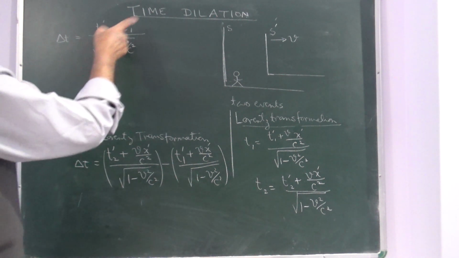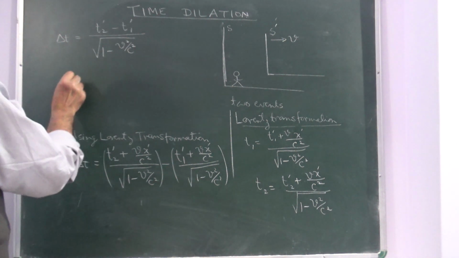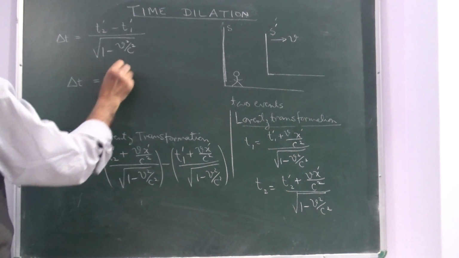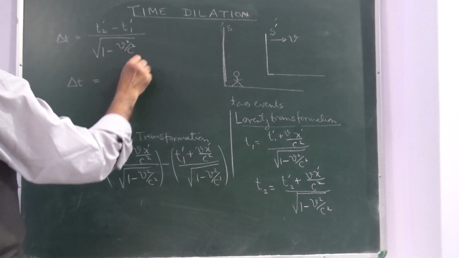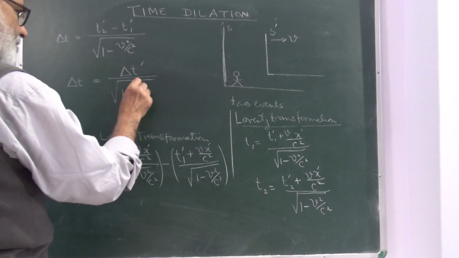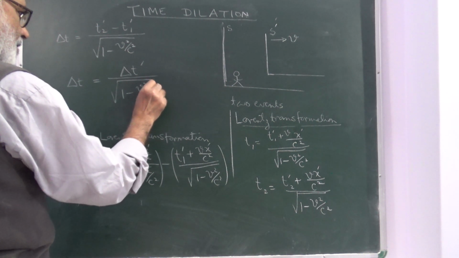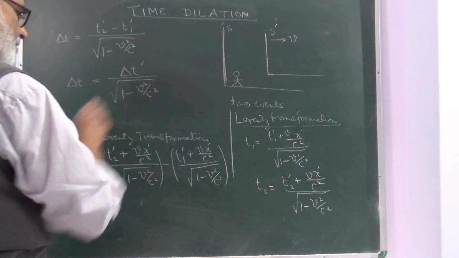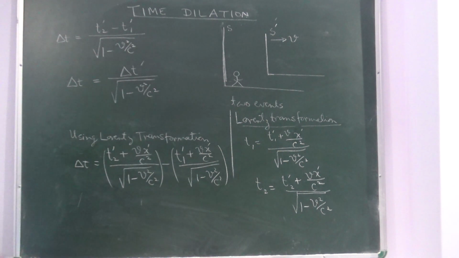And T2 dash minus T1 dash is delta t dash.